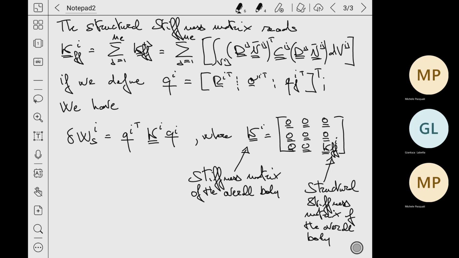Okay, what is the difference? The structural stiffness matrix only refers to nodal coordinates associated to deformation.